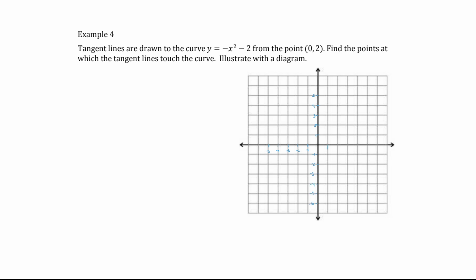Okay, so we are going to be drawing tangent lines from the point 0, 2. So we're going to be drawing tangent lines from this point right here. And we have the parabola -x squared minus 2. So this is a parabola that has the vertex 0, -2, right? And that's going to be opening downwards.